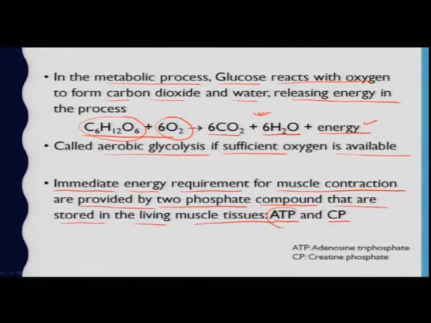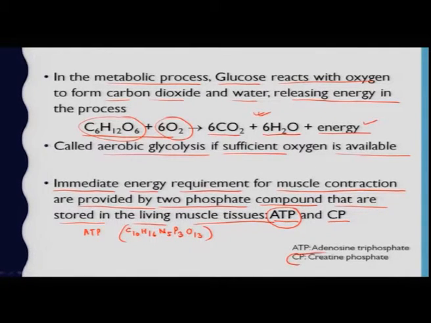ATP stands for adenosine triphosphate, whose molecular formula is C10H16N5P3O13. So this is the chemical formula for ATP. Another kind of compound in muscle tissue is CP.